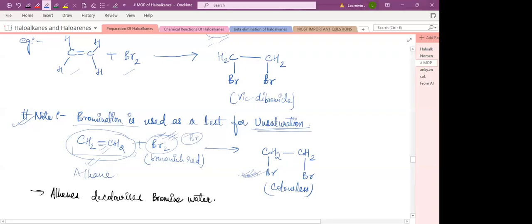So this test is usually performed to distinguish between saturated and unsaturated hydrocarbons. An unsaturated hydrocarbon gives the positive bromination test, but a saturated hydrocarbon like alkane doesn't give this test. It gives a negative test.